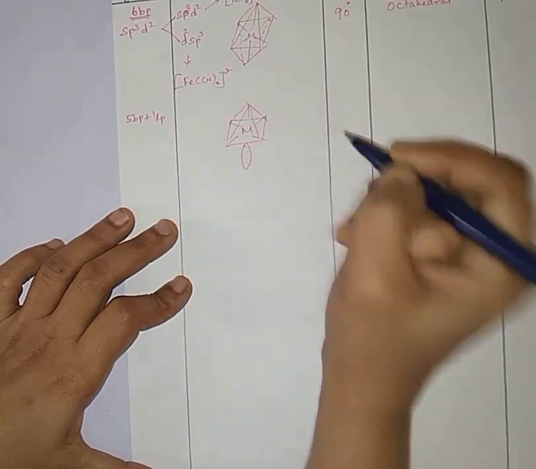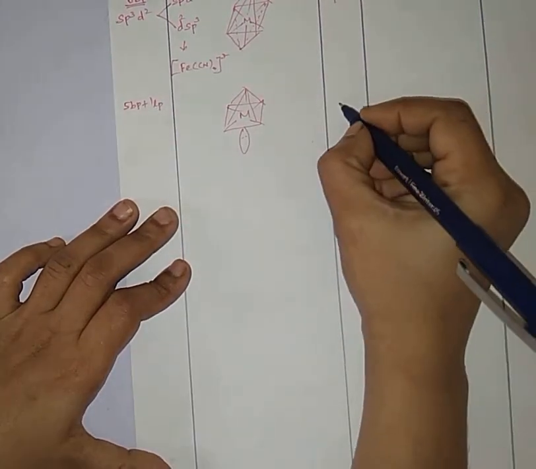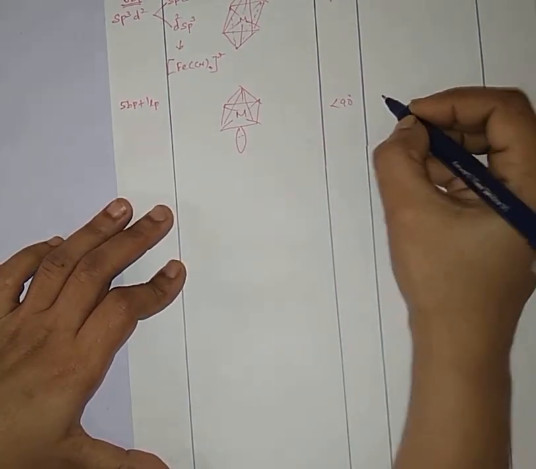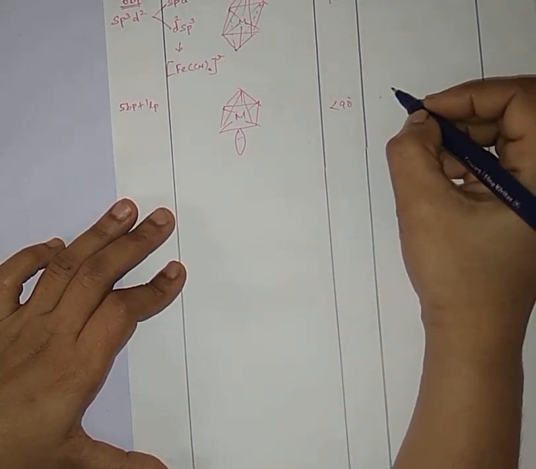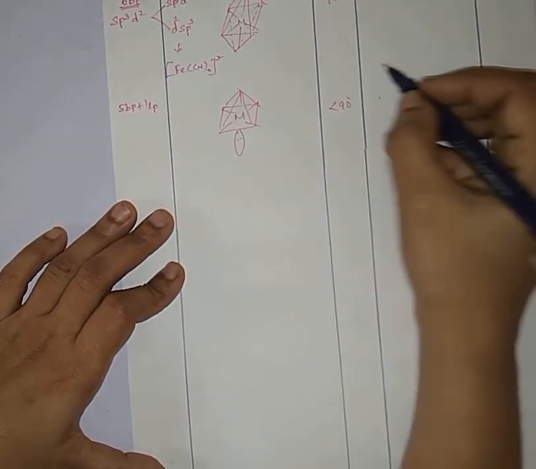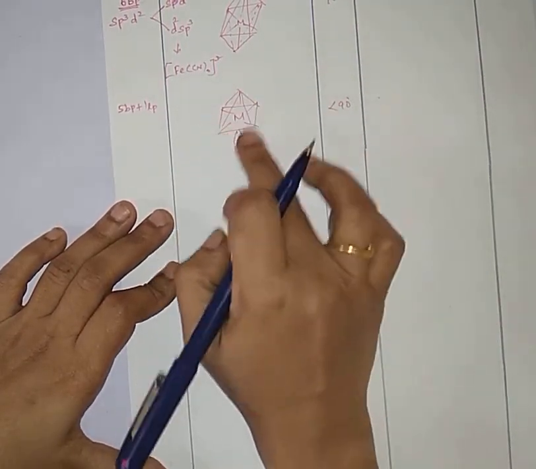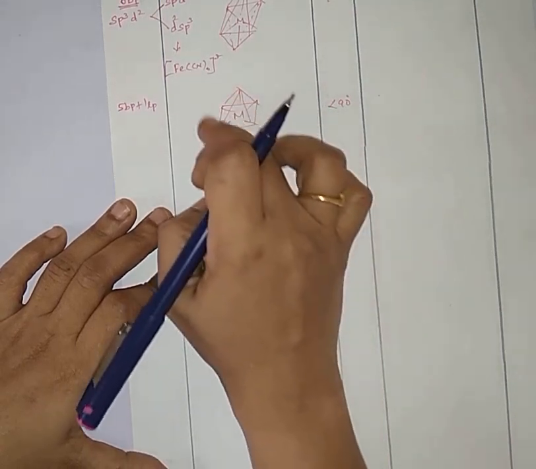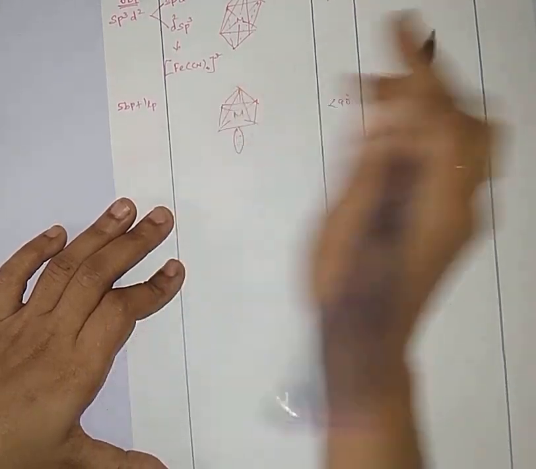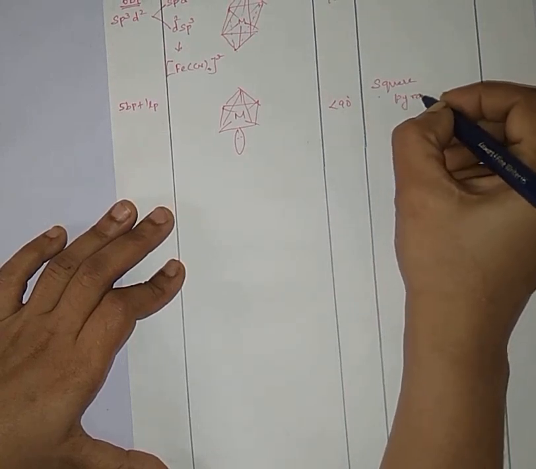This is the lone pair. Because of this lone pair, the angle is less than 90 degrees, and this is also octahedral. The parent geometry is octahedral, but here this position is not there. Instead of that, the lone pair is there. So this is a square and this is a pyramid. So this is square pyramidal. What is the shape? Square pyramidal.